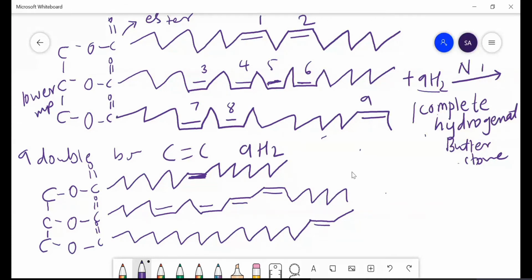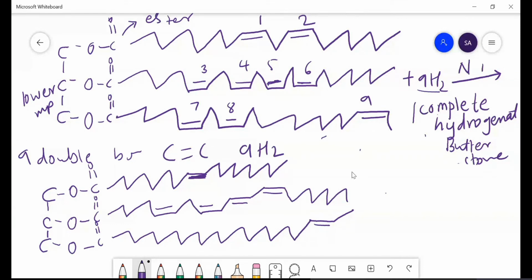So in case of complete hydrogenation, basically what happens is, if you see that there are 9 hydrogen bonds, you want to perform the complete hydrogenation, and you find that the resultant product is very hard.